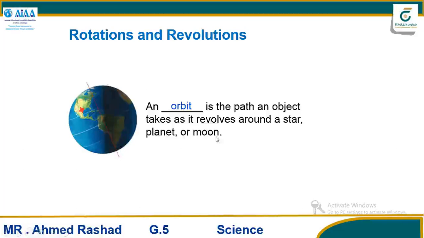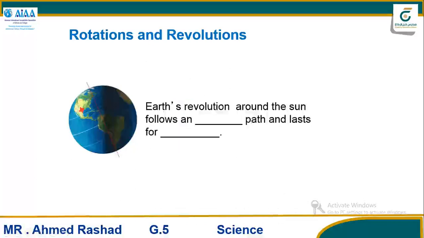So a planet, moon or any object revolves around the sun in an orbit. Earth's revolution around the sun follows an elliptical, or oval, path and lasts 12 months, which equals 1 year, or 365 days and a quarter.